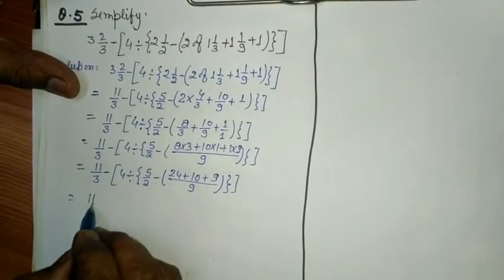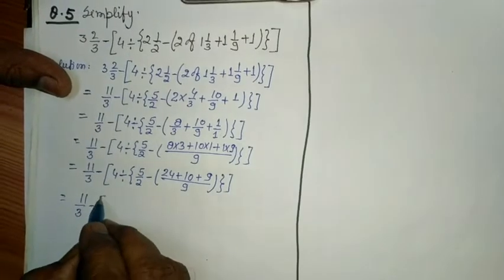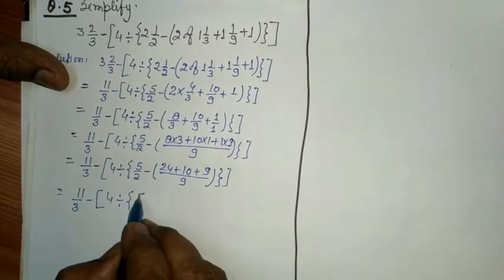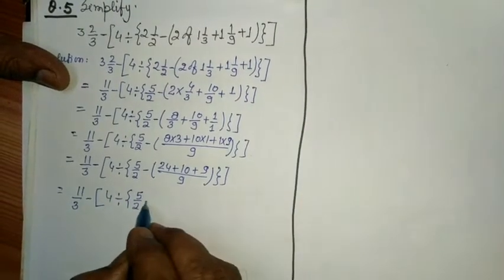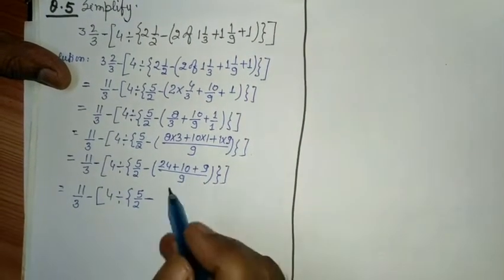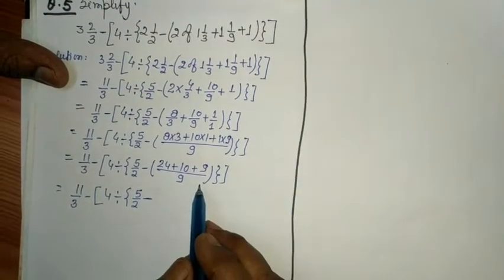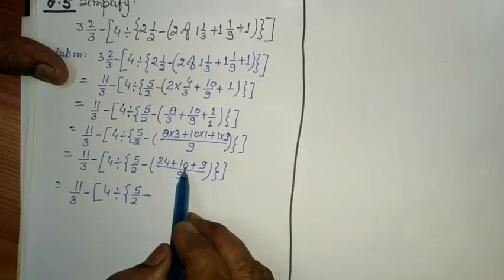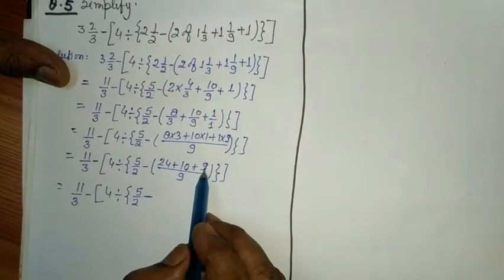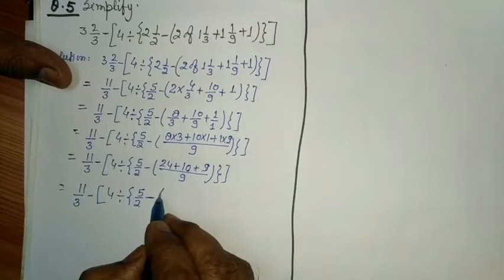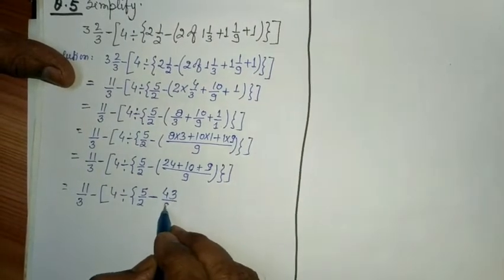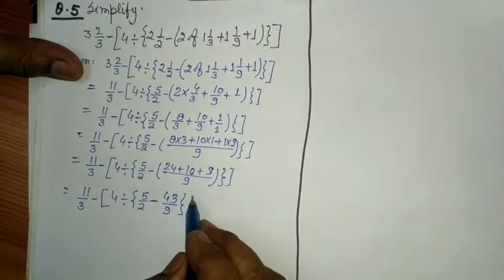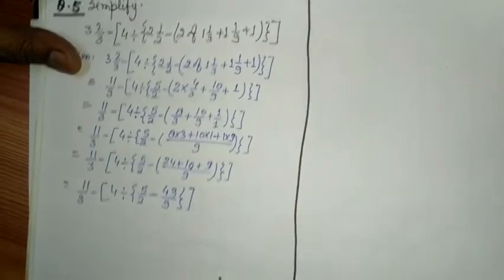Equal to 11 upon 3 minus big bracket 4 divide curly bracket 5 by 2 minus, here we break out the round bracket, that is 24 plus 10 is 34, 34 plus 9 is 43, 43 upon 9, curly bracket close, big bracket close.